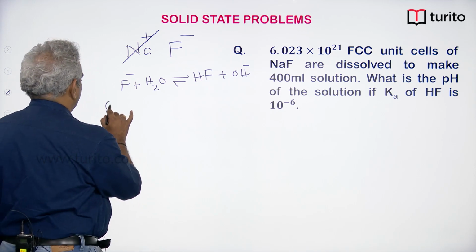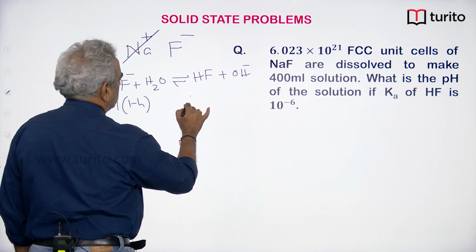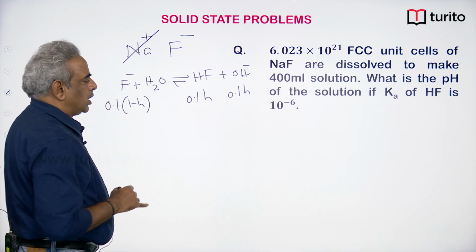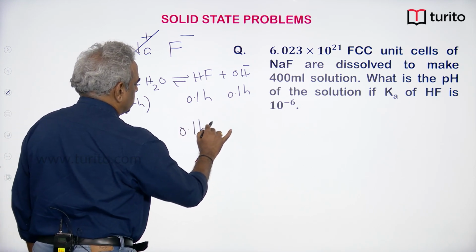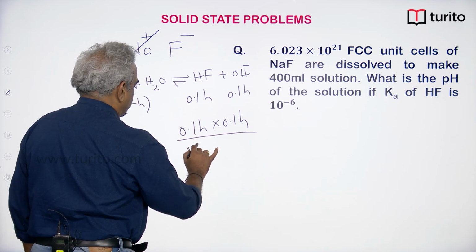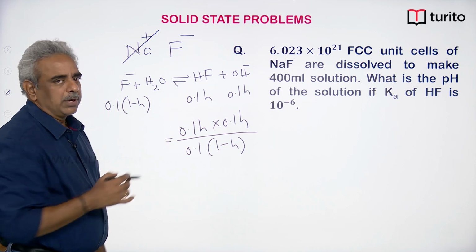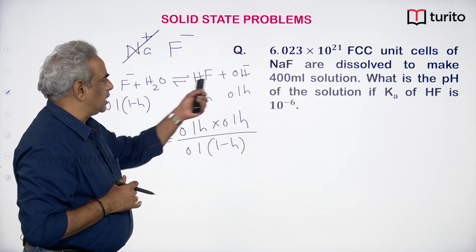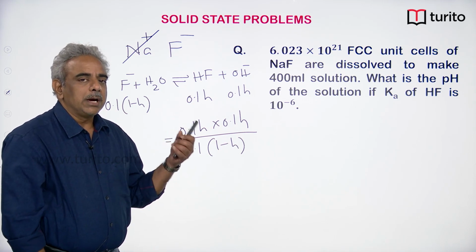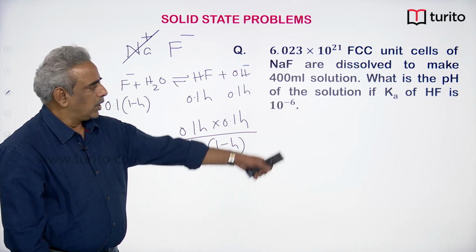So, 0.1 into 1 minus hydrolysis degree h, 0.1 into h, 0.1 into h. So, 0.1 into h into 0.1 into h by 0.1 into 1 minus h is equal to the equilibrium constant of this, which is nothing but the hydrolysis constant, anionic hydrolysis constant, Kb of fluoride.